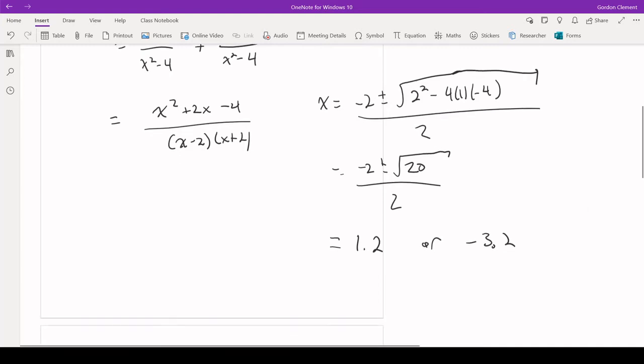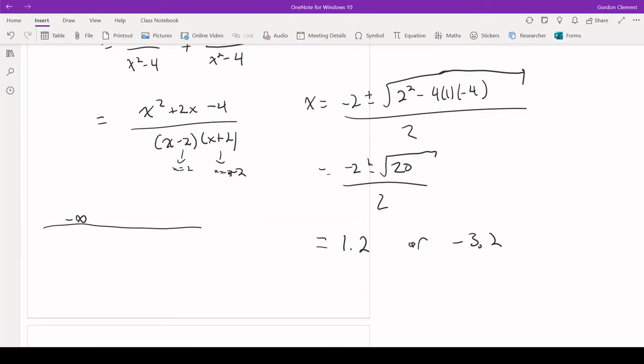So we're ready to go to our factor table for the first derivative. And on that factor table, we put anything that makes any part 0, so the top or the bottom. So we have those two numbers from the quadratic formula. We also have plus or minus 2. So negative 3.2, negative 2, 1.2, and 2, and off to infinity.